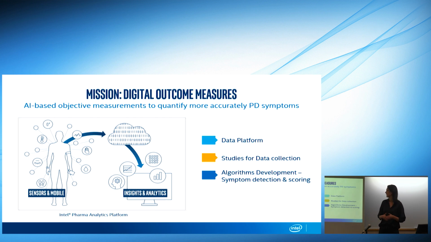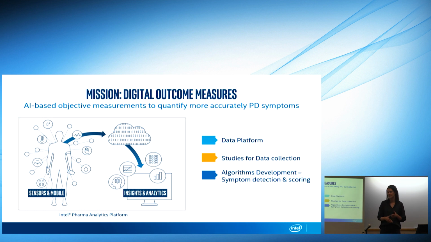And the way that we have done it, as I said, we have the data platform that enables us to conduct studies and collect the data. Then we defined research studies, clinical trials, where we have a given protocol. We know exactly what data we would like to collect. We are using experts in order to generate the labels on which we will later train on the data.